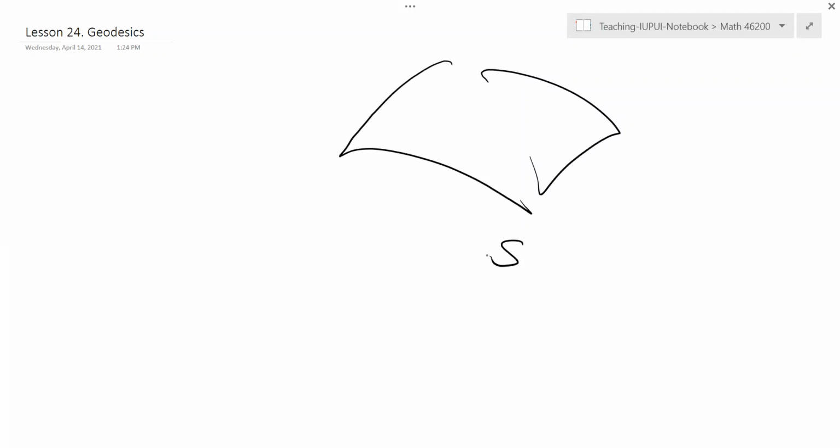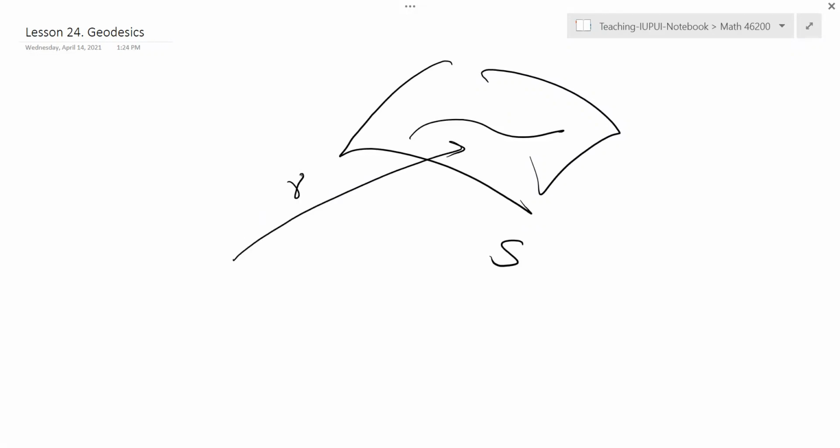So let's have a quick review of what we learned about curves on surfaces. We have a surface, this is S, and that's a curve here.